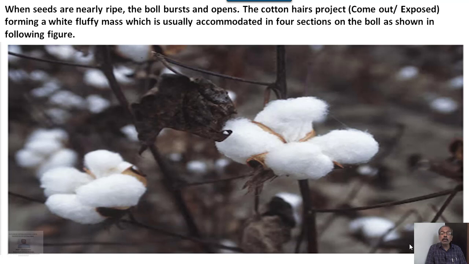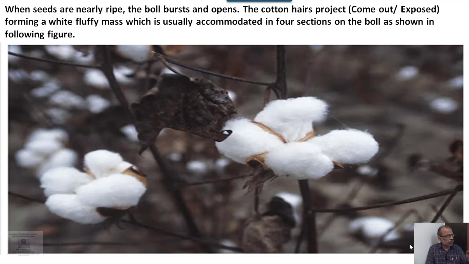Now this has a lot of seeds, thousands of seeds, and thousands of fibers are also there in this boll. This kind of boll is ready for picking. The maturity that the fiber is gaining is a slightly different process.